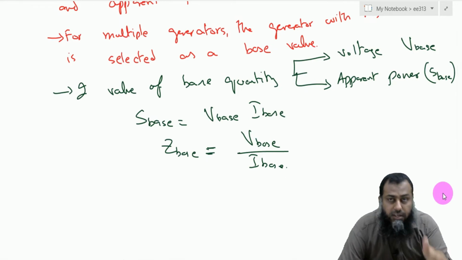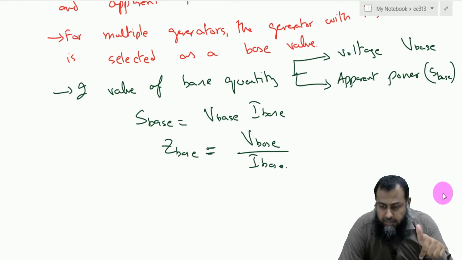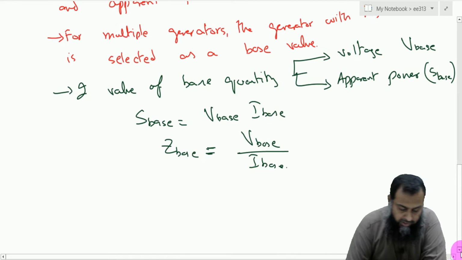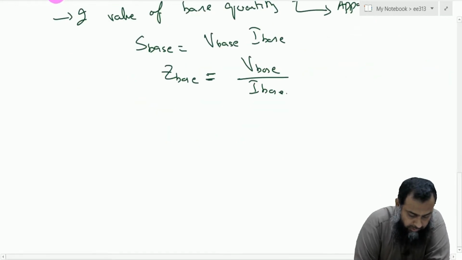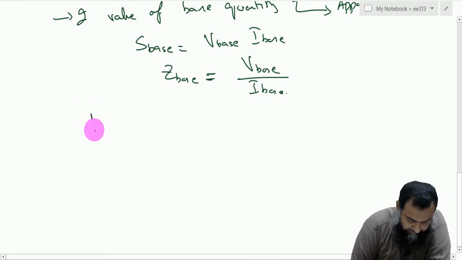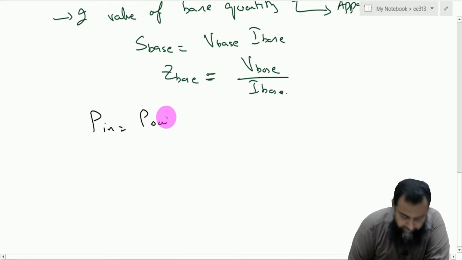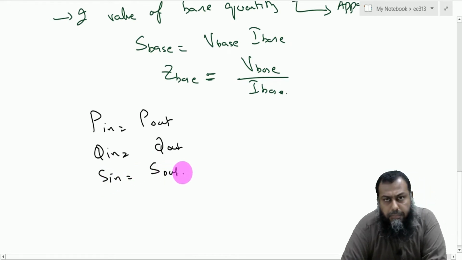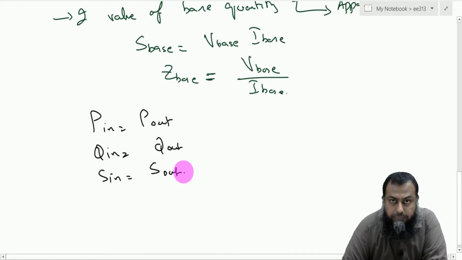But the base value selection is very important. The next important point is that when we have a transformer, we assume that the power input to the transformer is equal to the power output, and therefore this is true for the Q in as well as the S in, which is the apparent power. So this remains the same.